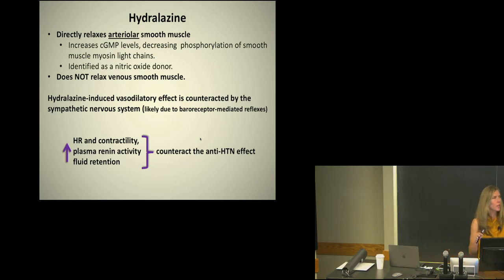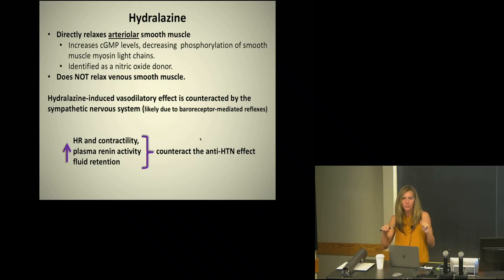Okay, so what's attractive about hydralazine is the drugs we've talked about so far seem to affect both the arterioles and the veins, right? So when we're trying to reduce somebody's blood pressure, what do you think would be most attractive?